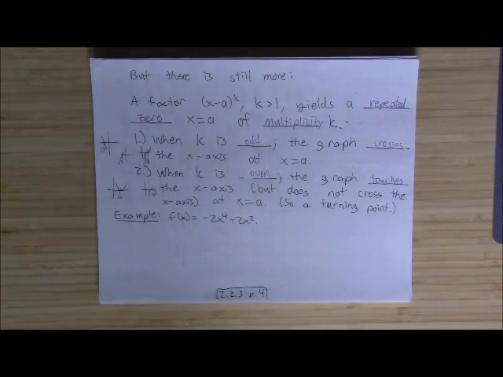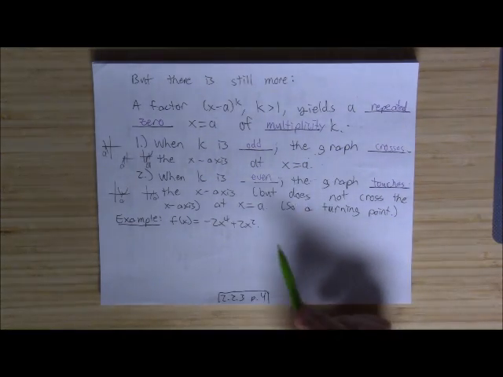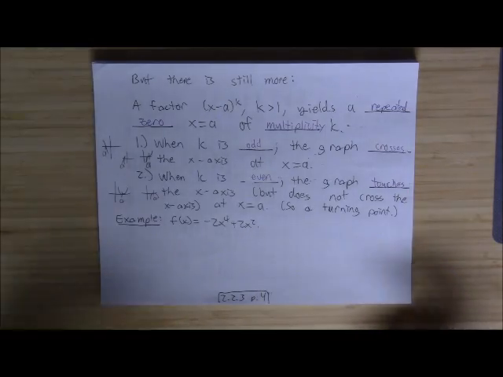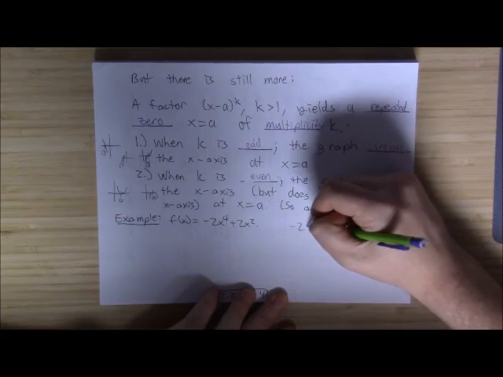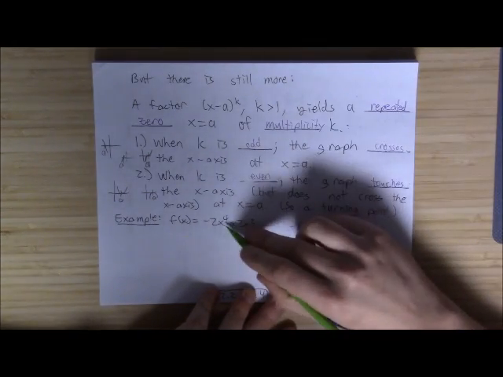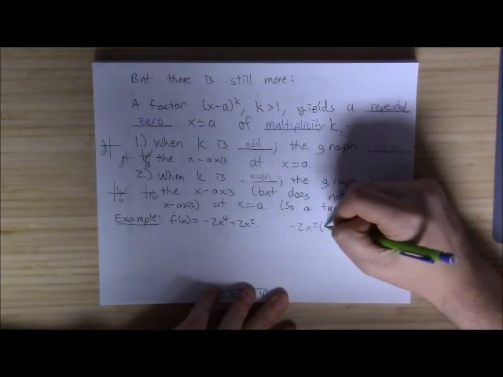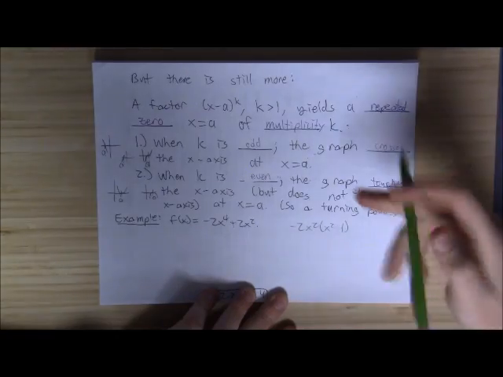So, for example, if we look at this problem, let's look at its zeros first. We can factor out negative 2x squared, and we have x squared minus 1 left over.